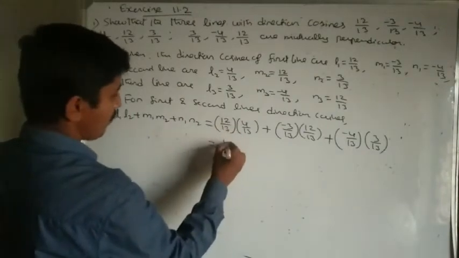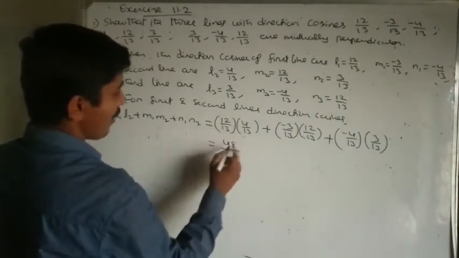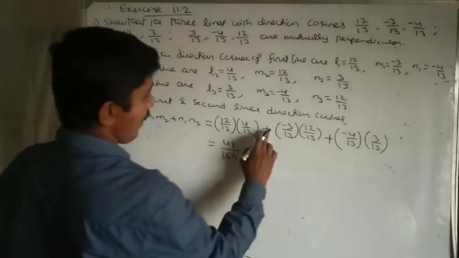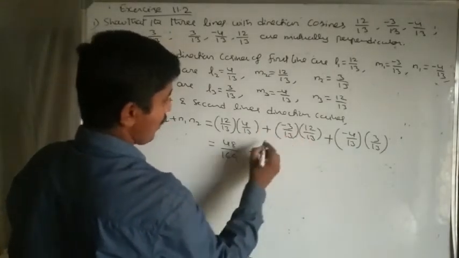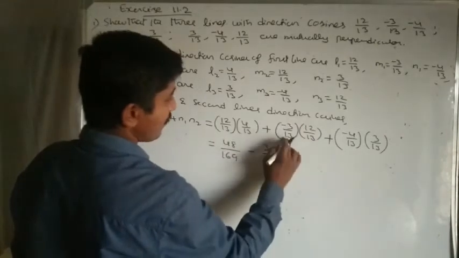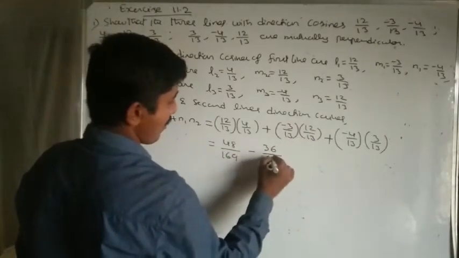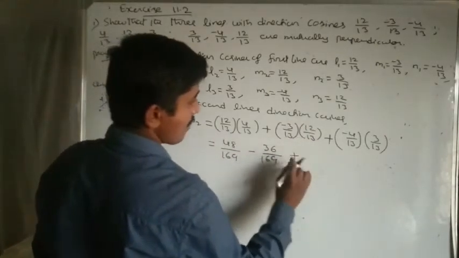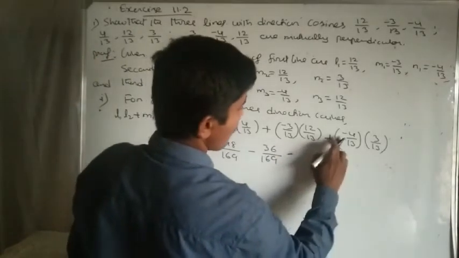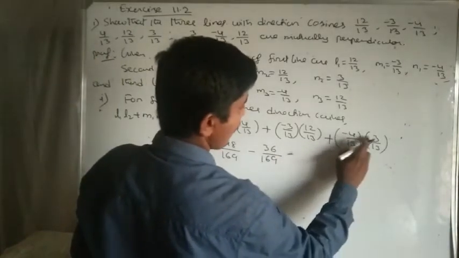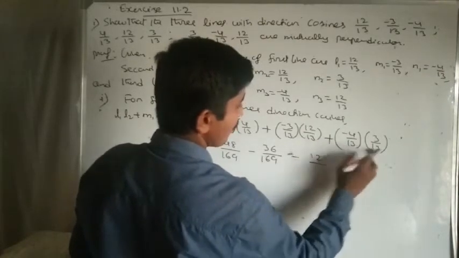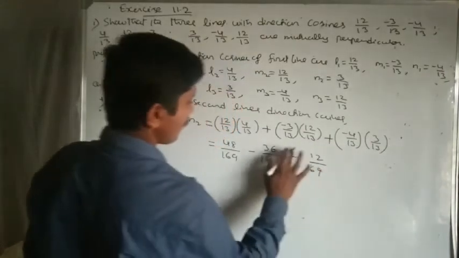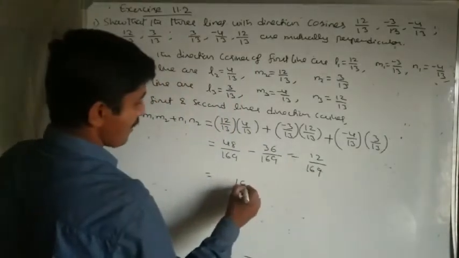12 into 4, 48 divided by 13 into 13, 169. Here plus into minus, minus, 12 into 3, 36 divided by 169, plus, here plus into minus, minus, 4 into 3, 12 divided by 169. Clearly 169 is the LCM.